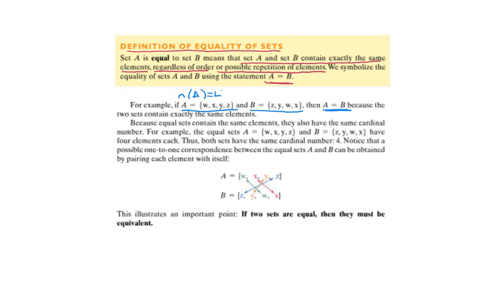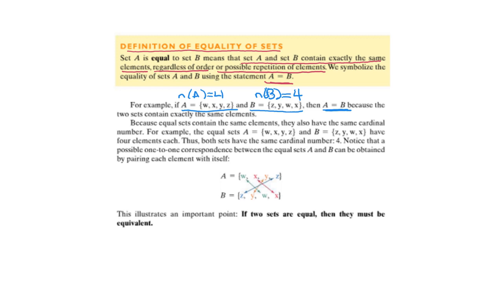There are 4, right? And the cardinality of set B is also 4. Since the cardinalities are the same, these sets are also considered equivalent.